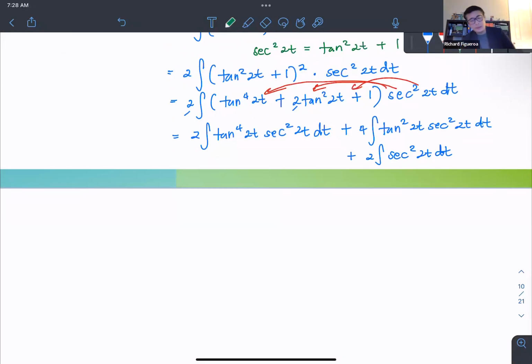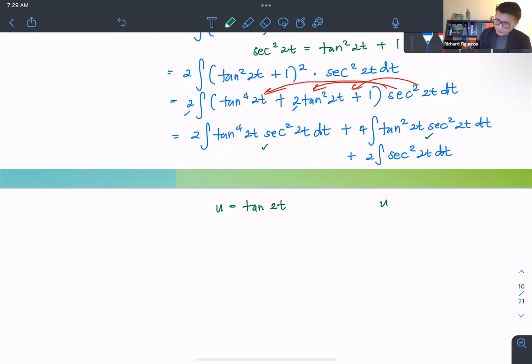Since secant squared 2t dt is the du, our u for the first term will be tangent 2t. The same is true for the second term. They just don't have the same exponent: one is 4, the other is 2.